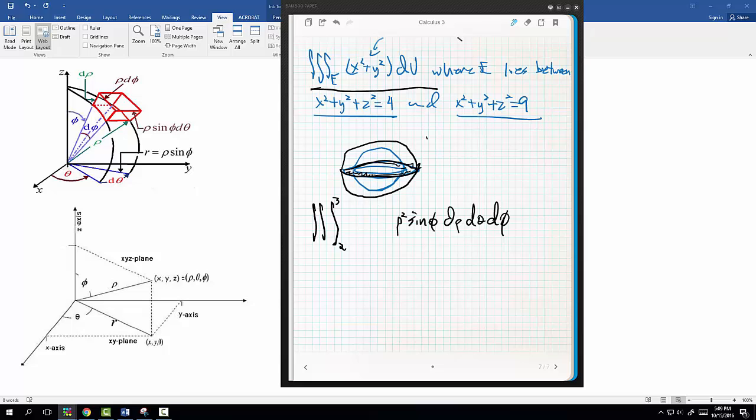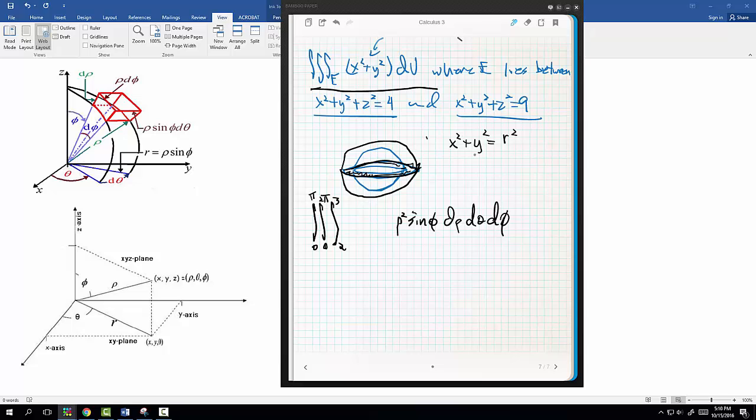Now, to build all that volume out, it's exactly the same. I know that theta goes from 0 to 2 pi, because I have to curve this thing through 360 degrees, and I know that phi goes from 0 to pi. That's it. Now, the only job left to do is deal with this x squared plus y squared. Well, we can do some light lifting with this because I know from polar that x squared plus y squared is equal to r squared.